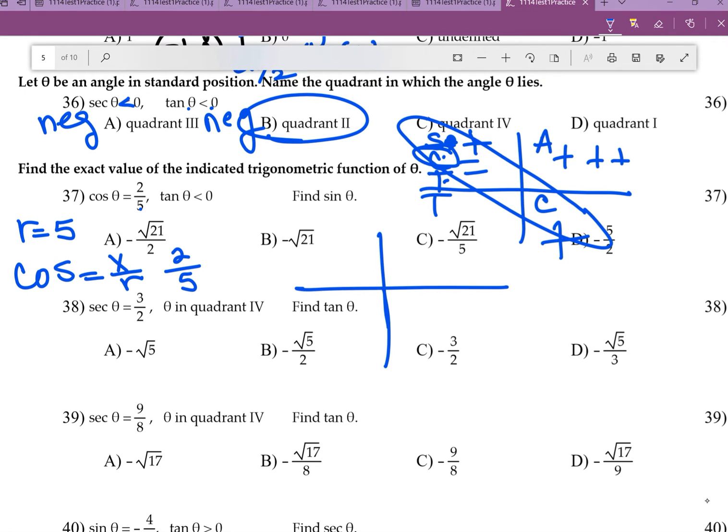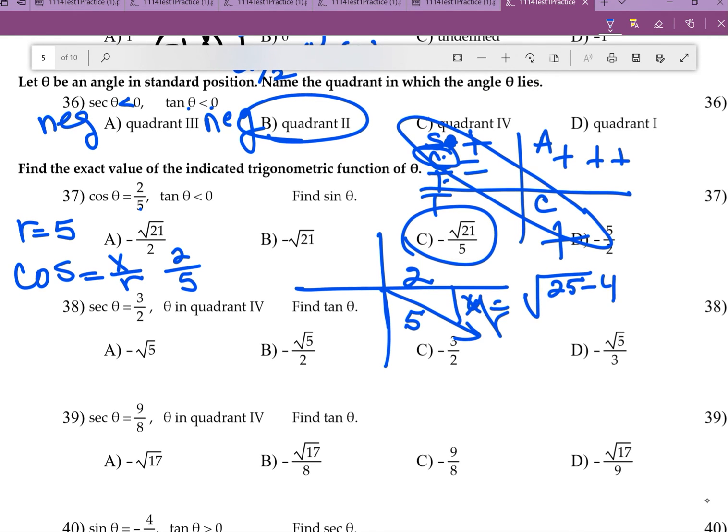So if I work this out, I do know x and I do know r. So I have to find what y equals, and I know that y equals the square root of 25 minus 4, which gives me the square root of 21, but we're in this quadrant, and since that's the case, this has to be negative.